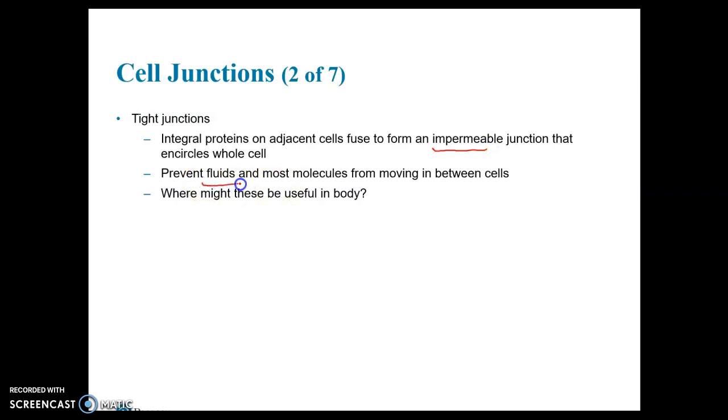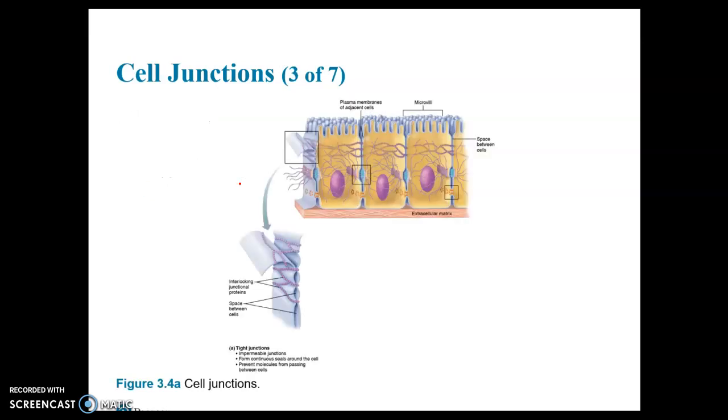So where might these be useful in the body? Well, one place is cells that line the urinary bladder. We don't want that stuff getting out into the rest of our body fluids, or the rest of our body tissues. So cells that line the urinary bladder are connected with tight junctions so that the urine cannot escape.